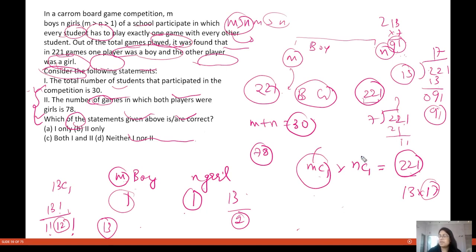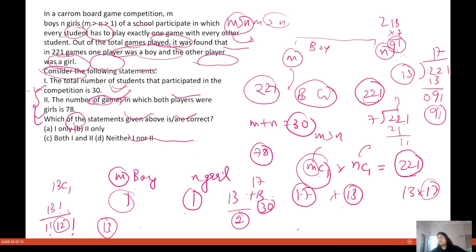So one of them is 17 and one of them is 13, but it is clearly saying that m is greater than n. So I am considering the number of boys as 17 and the number of girls as 13. So the total number of students, 17 plus 13, is 30. This is correct, that the total number of students is 30.